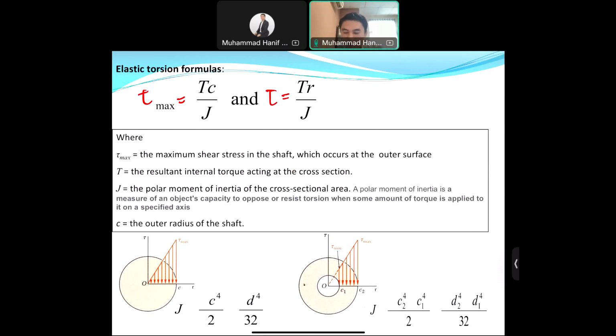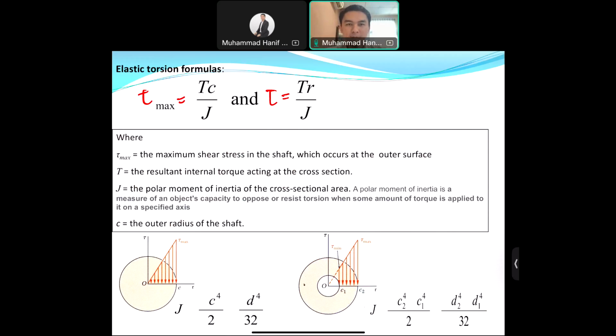The polar moment of inertia is a measure of an object's capacity to oppose or resist torsion when some amount of torque is applied to it on a specific area. Basically, you can imagine J as an internal effort to counter the outer forces. Like I mentioned in class, if you have stress coming from the subject or the assignment, your body is actually working internally to counter the stresses.